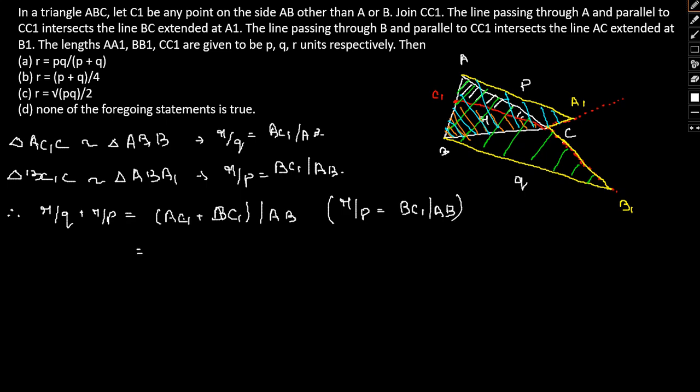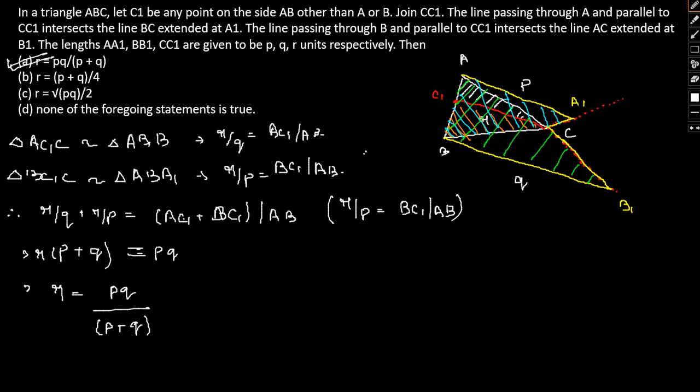So this can be further written as R times P plus Q by PQ equals 1, so R equals PQ by P plus Q. Option A is the correct answer. I hope this is clear how we came about solving the same.